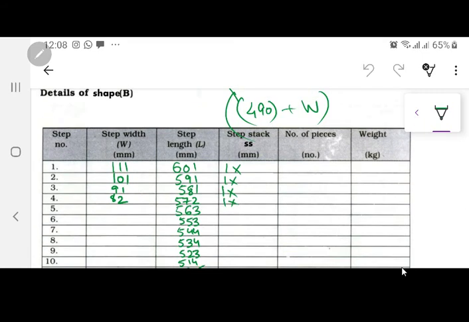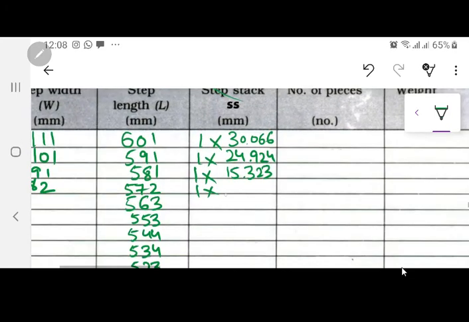These are the same, I guess. 30.066, 24.924, 15.303, 10.316, 8.236.